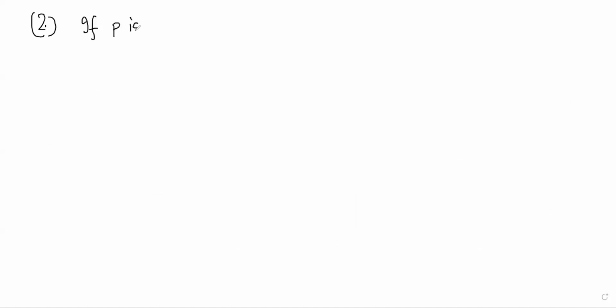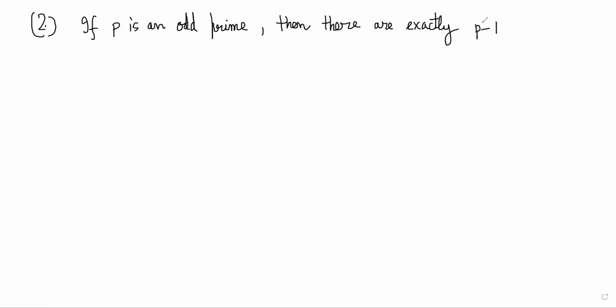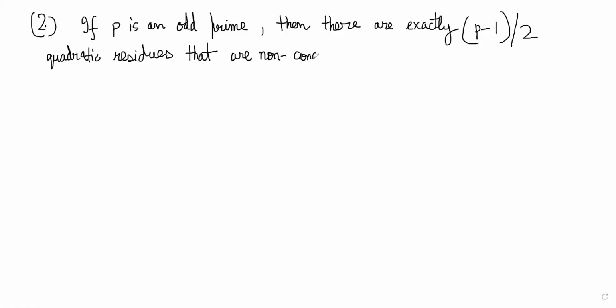If P is an odd prime, then there are exactly (P minus 1) by 2 quadratic residues that are non-congruent modulo P. So what is the meaning of that?